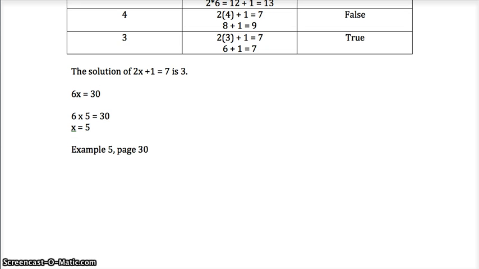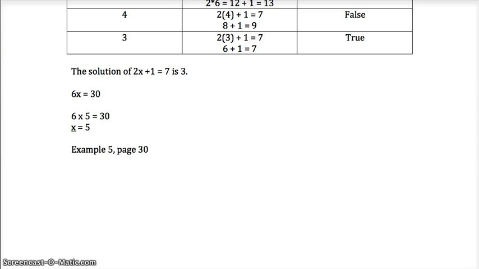All right, for our last example for this lesson, we are going to be looking at example 5 on page 30. And before we get into this example, I want you to think to yourself for a little bit about all of those words that we brainstormed in class last week about what it means when words tell us to add, subtract, multiply, or divide.